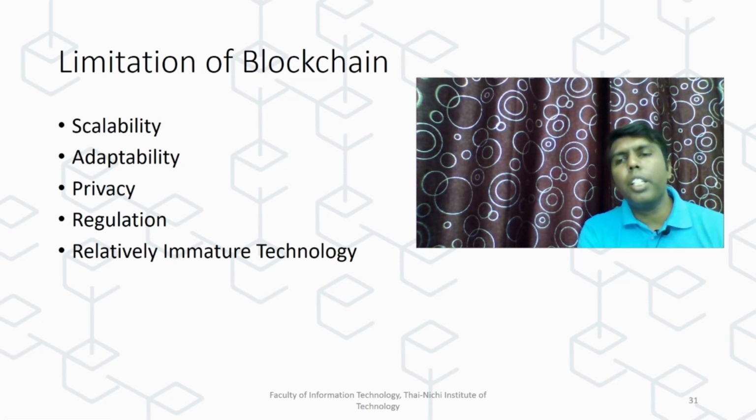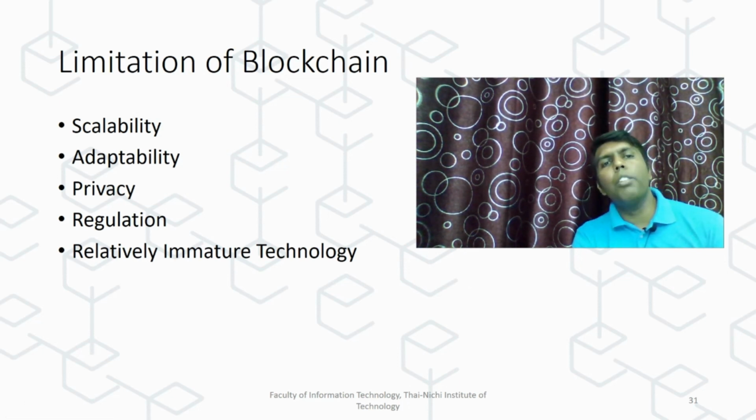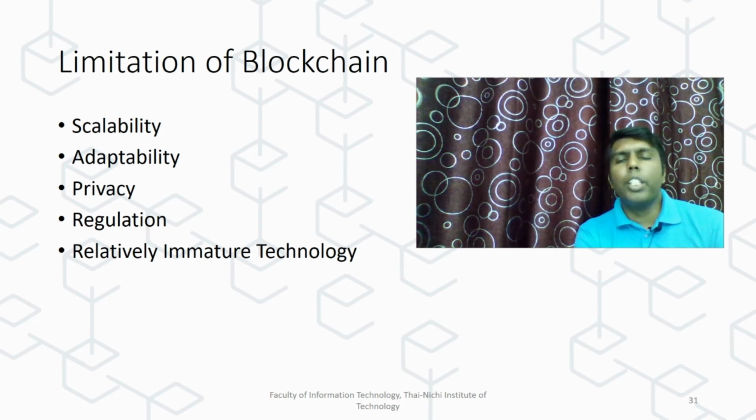When we think about the advantages, we also have various limitations. There are limitations on the scalability, adaptability, privacy, regulation, and relatively immature technology. It is immature technology because it gained its popularity only during recent years. It started gaining its popularity only from 2008 to 2015, and now it is slowly growing. So this is an emerging technology, a new technology.